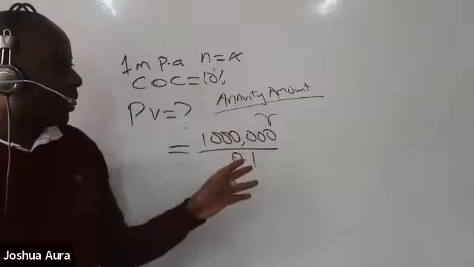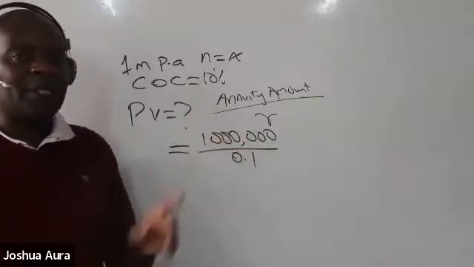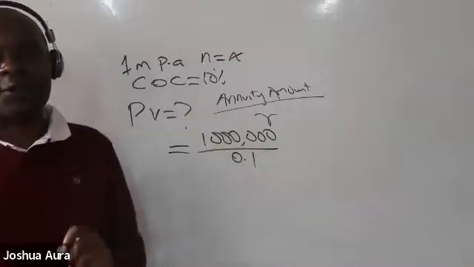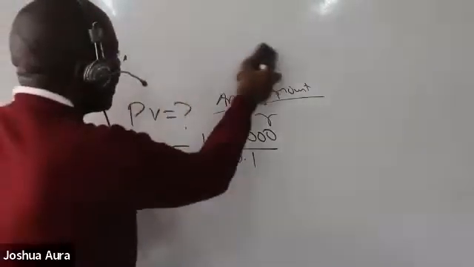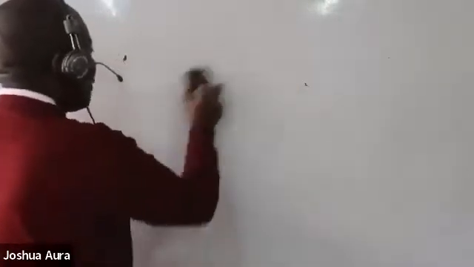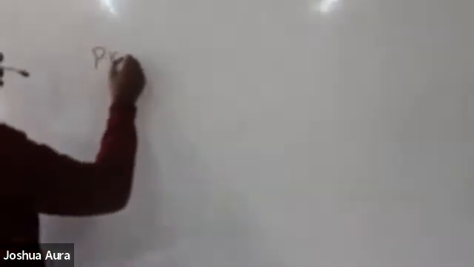Now, ladies and gentlemen, I would want us to start tackling this question by getting the present value of this perpetual cash flow. So if I'm the one doing this question, this is what I will do. I'll get a clean sheet, and then I'll write in capital letters to scare the examiner: present value of perpetual cash flow.